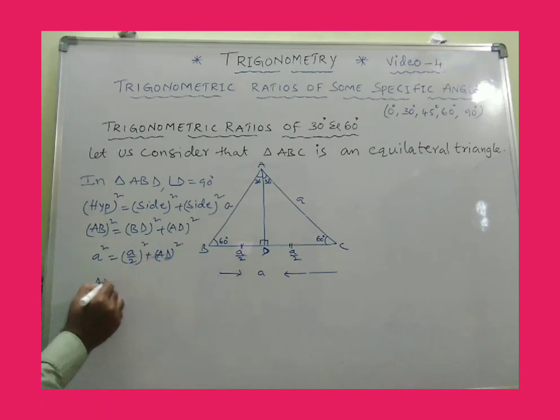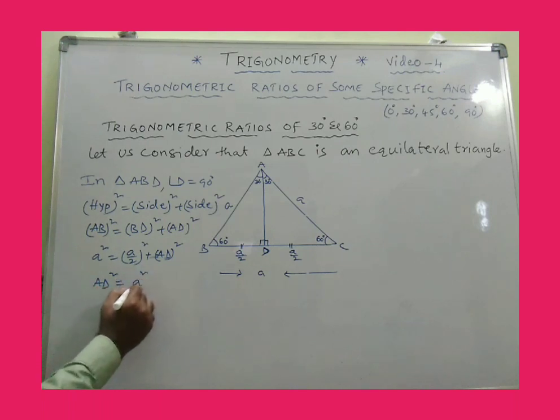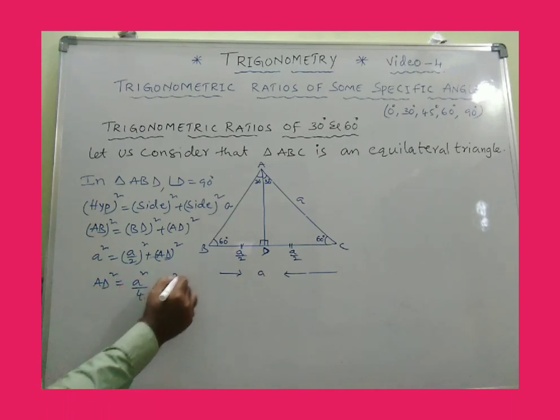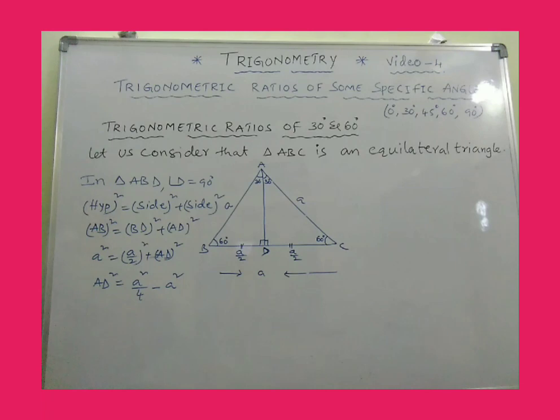From this I want AD length. AD squared is equal to a squared minus a squared by 4. So cross multiplication, 4a squared minus a squared, which is equal to 3a squared by 4.